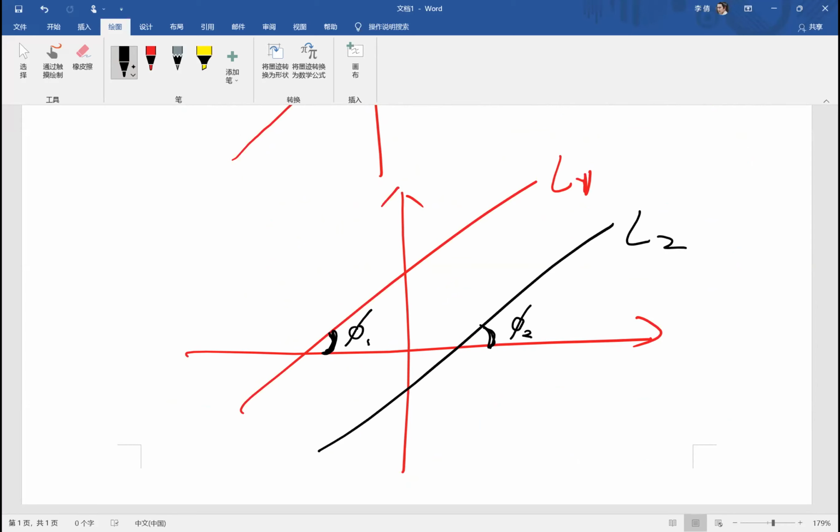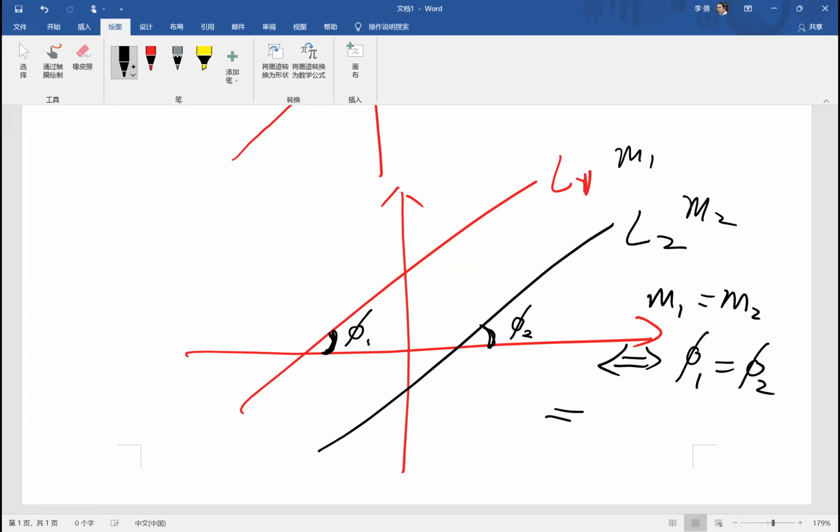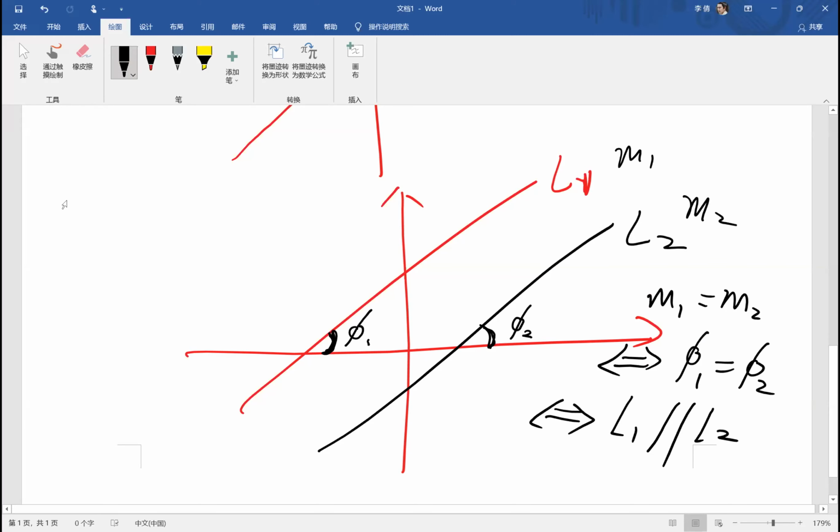So m sub 1 is equal to m sub 2 if and only if phi sub 1 is equal to phi sub 2, and if and only if L sub 1 is parallel with L sub 2. Okay, these are the parallel lines.